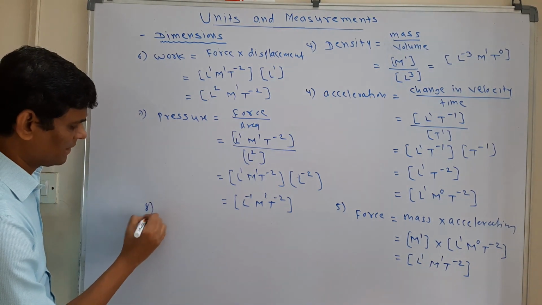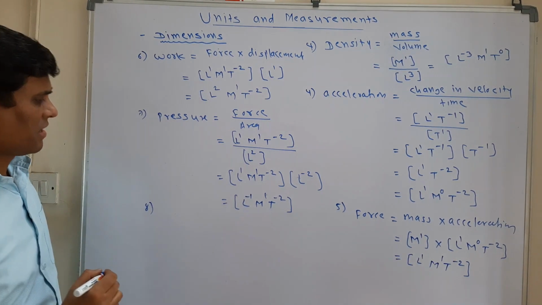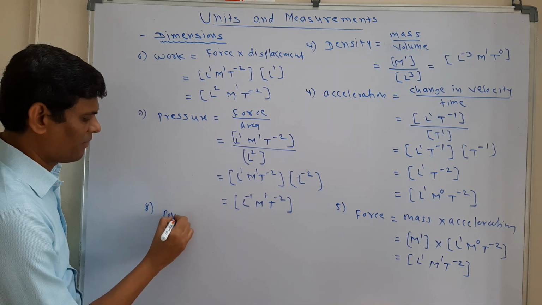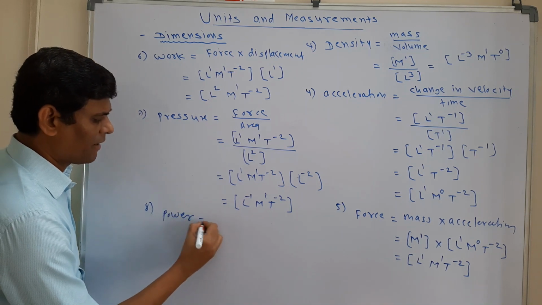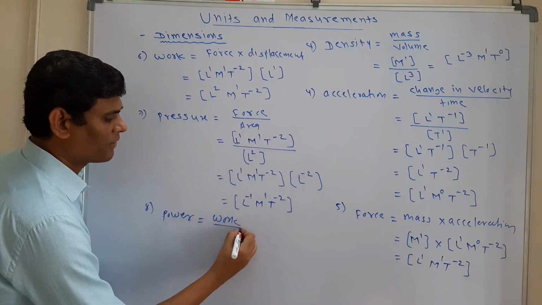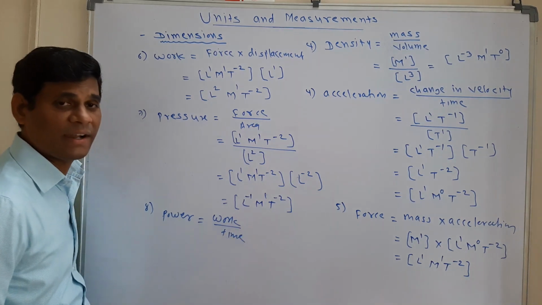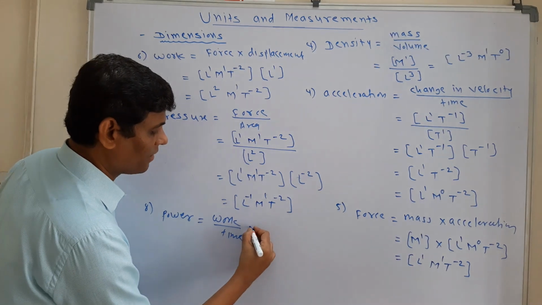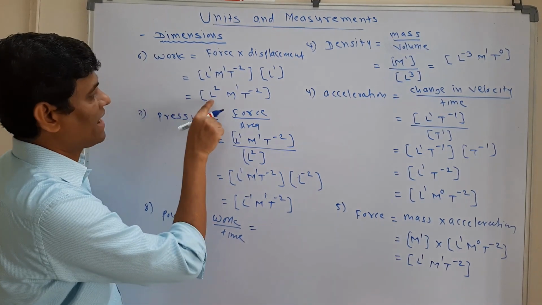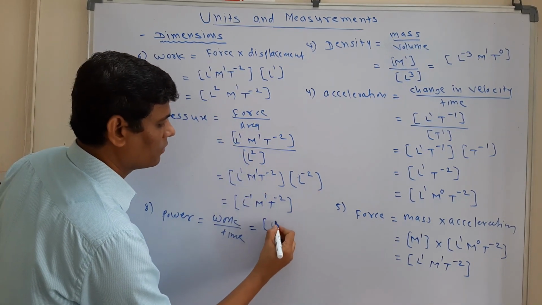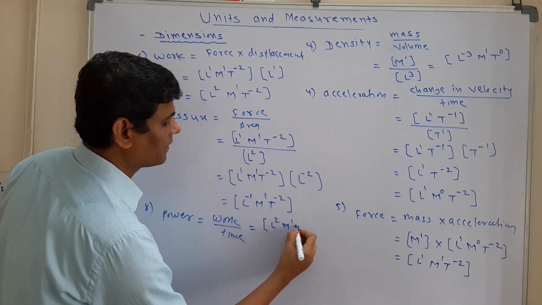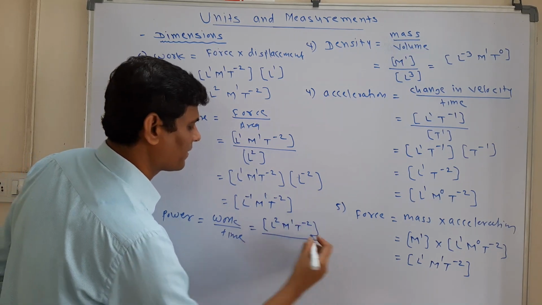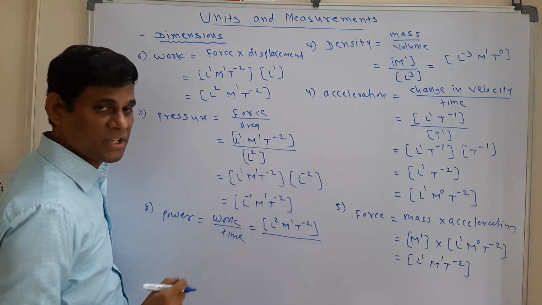Then we'll see power. What is the formula for power? Power is work upon time. We define power as the rate of doing work. So power is work upon time. What is the dimension of work? Work dimension is L2 M1 T minus 2.